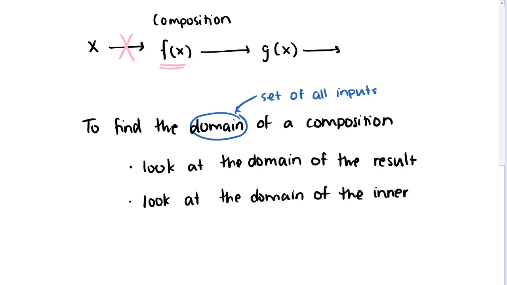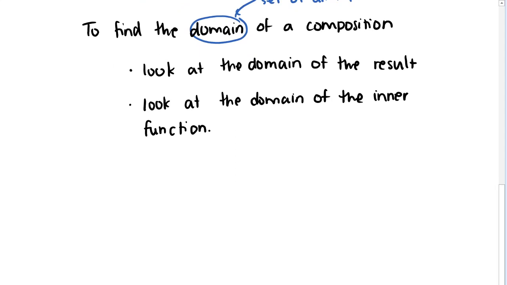If there's something I can't plug into my inner function, it's something I can't plug into the composition. And so where the two overlap or where the two agree is the domain of your overall composition.